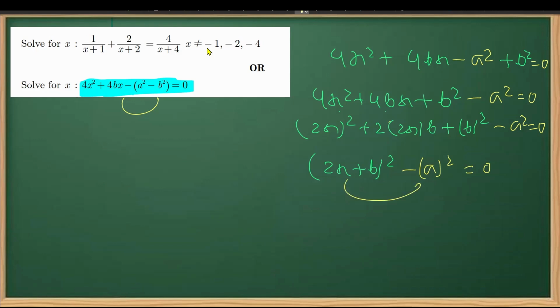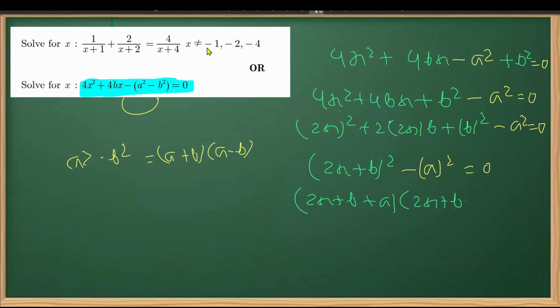Now we can use the third identity, that is a square minus b square is a plus b multiplied by a minus b. So this is what I'm applying here: the first term plus a, multiplied by the first term minus a, equals 0.